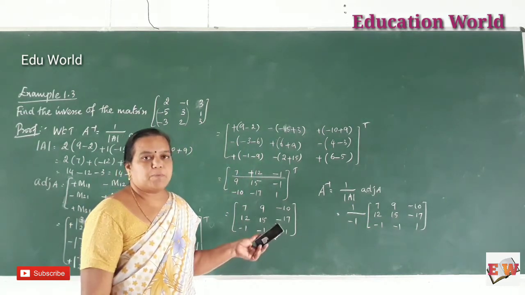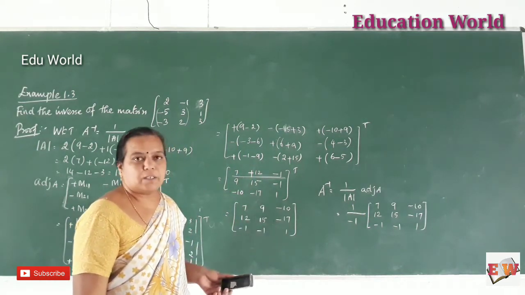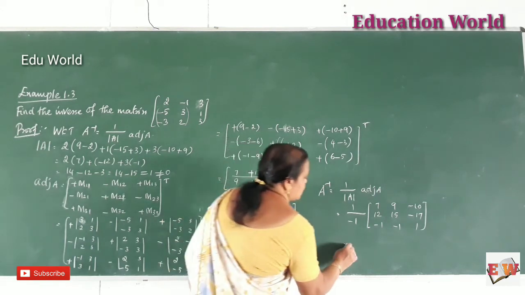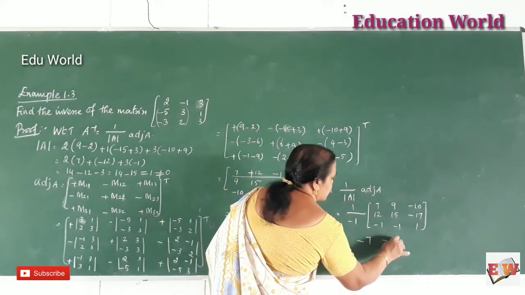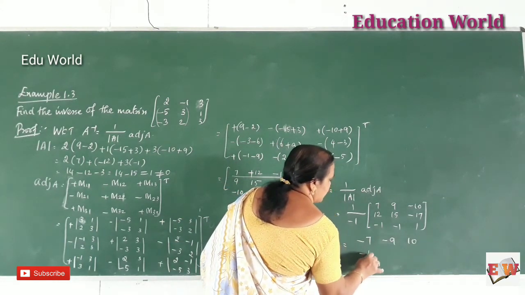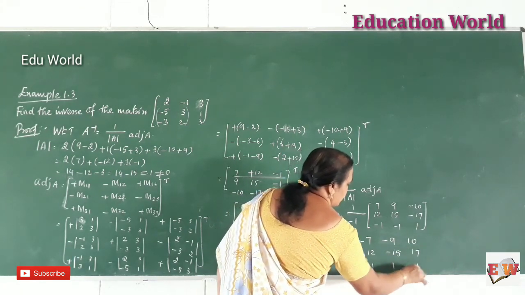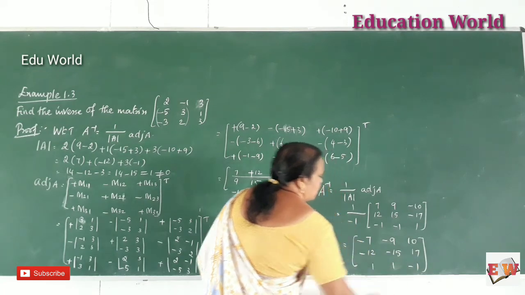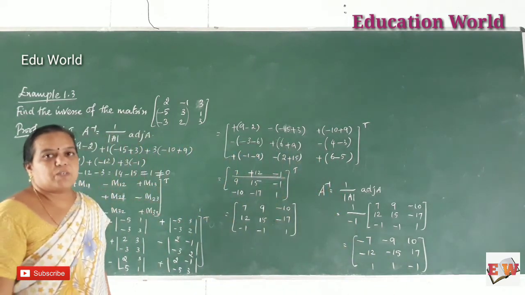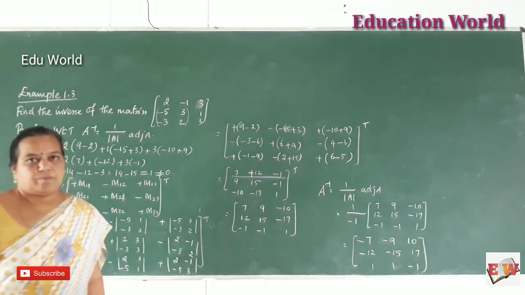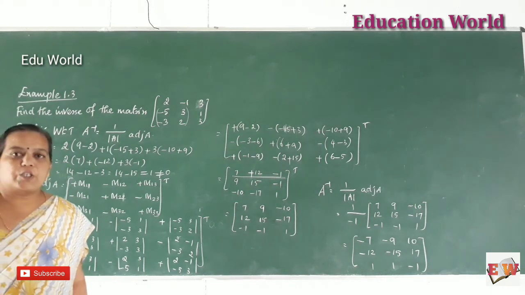Now we can multiply this minus inside the matrix. So minus 7, minus 9, 10, minus 12, minus 15, 17, 1, 1, minus 1. This is the inverse of the matrix A. Let us see the next topic in the next video.